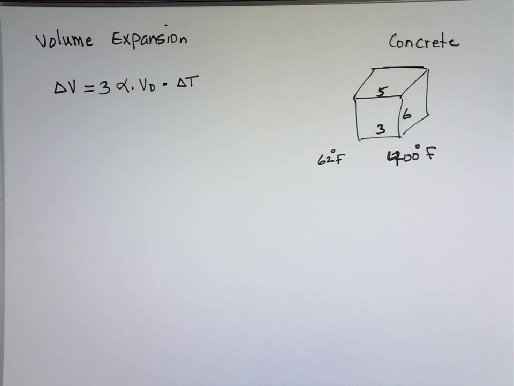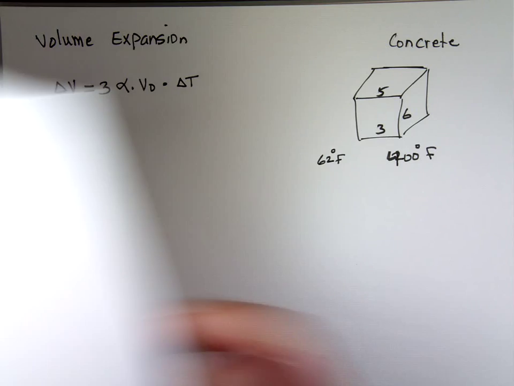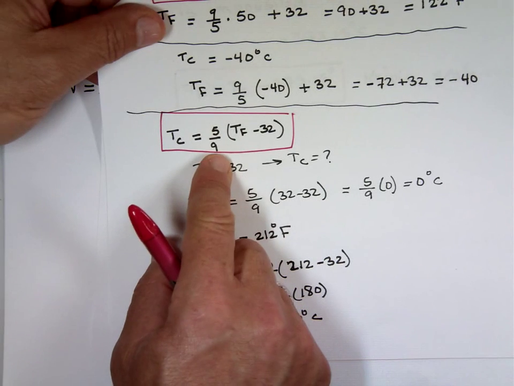I'm going to convert these degrees from Fahrenheit to Celsius, then to Kelvin. Here's my equation. To get it in Celsius, we go 5 over 9, T Fahrenheit minus 32.